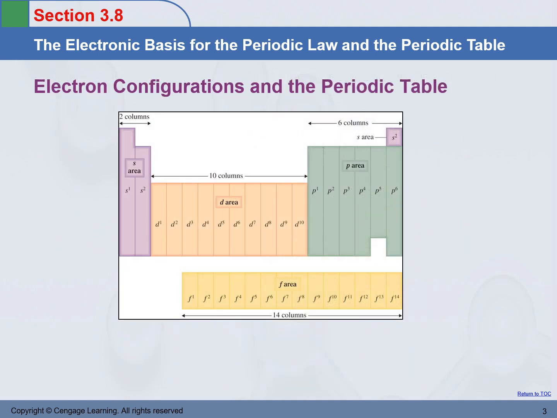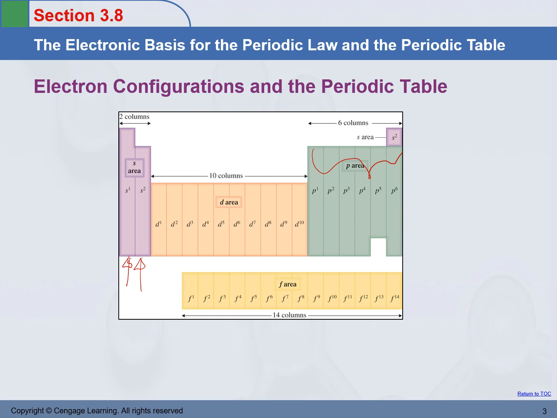All right, as summarized in the last slide, we know that in the first 2 columns, electrons are filling in the S subshell. In these 6 columns, electrons are filling in P subshells.